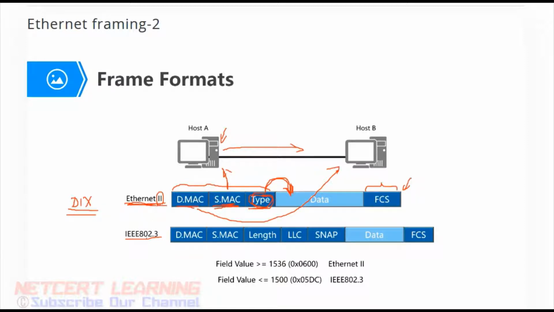Then there's another format called IEEE 802.3. In this frame, the destination MAC and source MAC are the same, but the third field is the length. They are both 2 bytes long. Then there are the upper layer data and the FCS, which is the same.